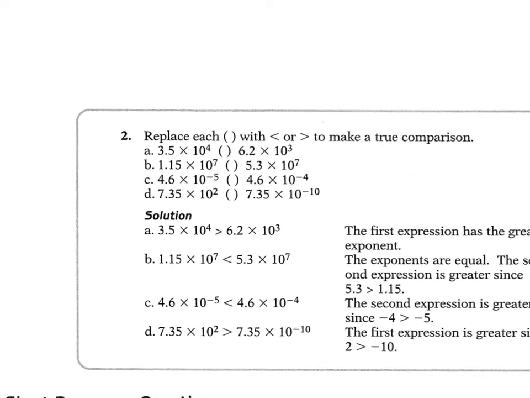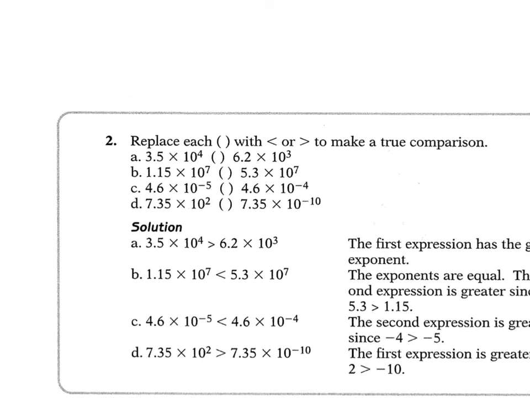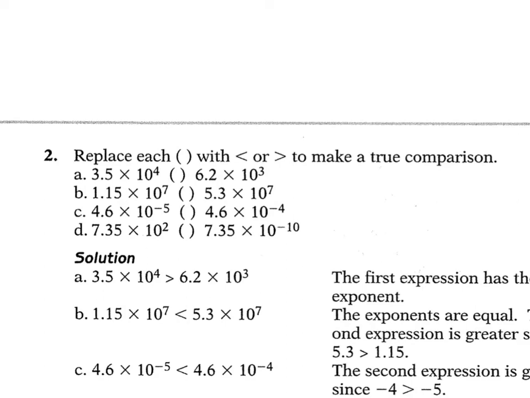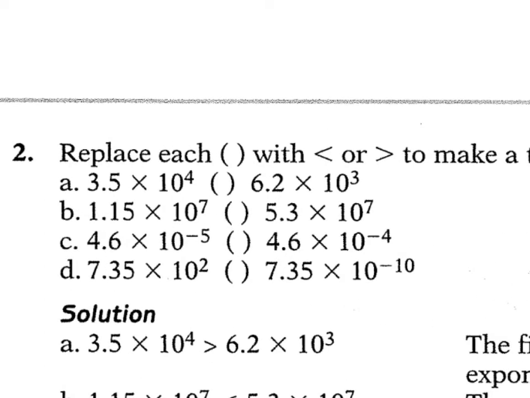For number 2, we just need to compare the numbers using greater than or less than. These numbers here are written in scientific notation, so what we can do is change it to standard form. Our exponent tells us we're going to move this decimal 4 places to the right. So we have 1, 2, 3, 4. So we're going to have 35 and then 3 zeros.